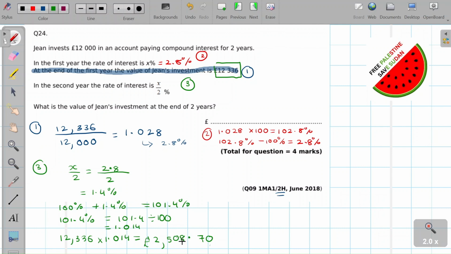So to two decimal places, 12,508.70. And there we go.